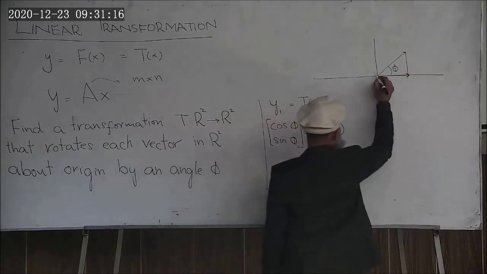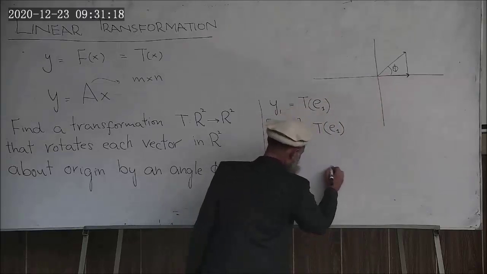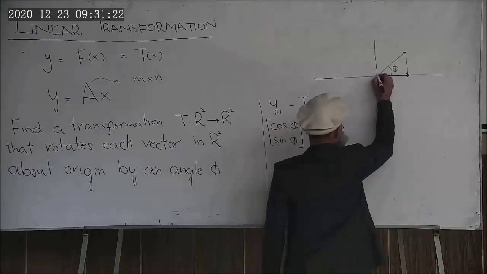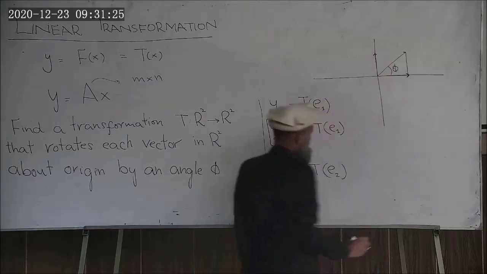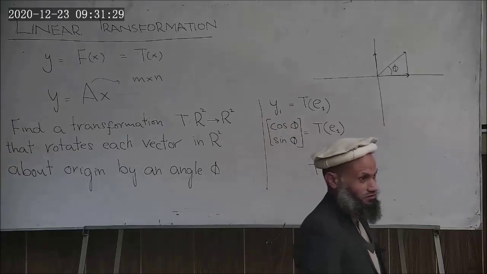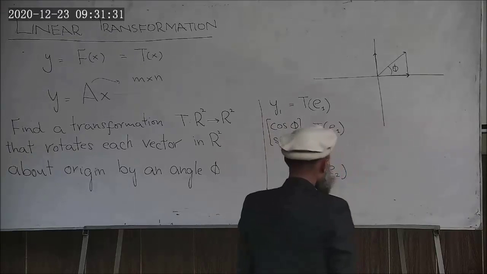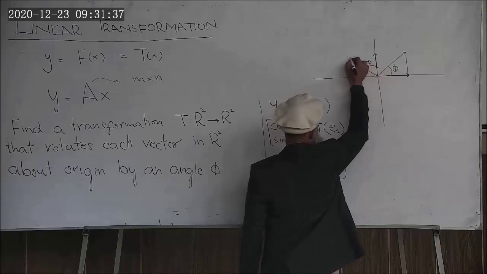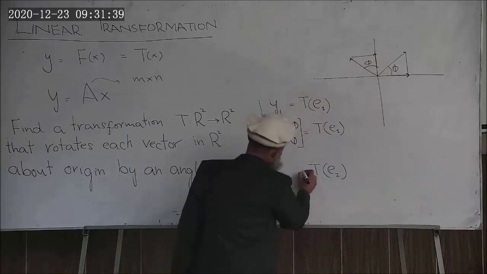And let's consider another vector E2, let's say this vector. What will be the effect of this transformation? It will rotate it by an angle phi. This angle is phi. So what is this Y2?